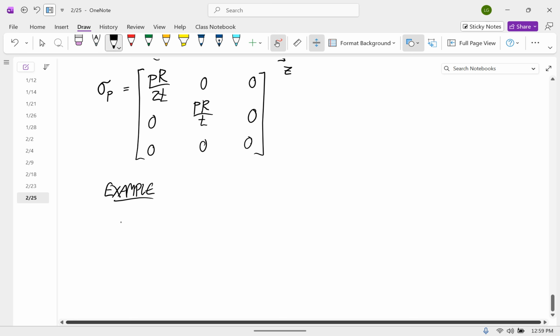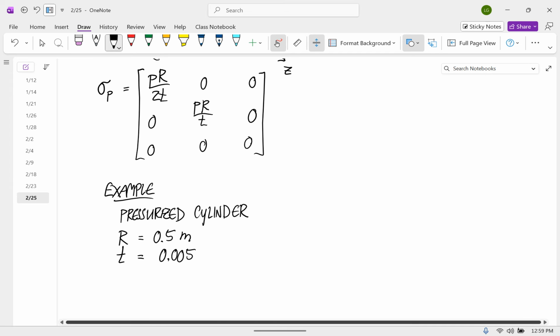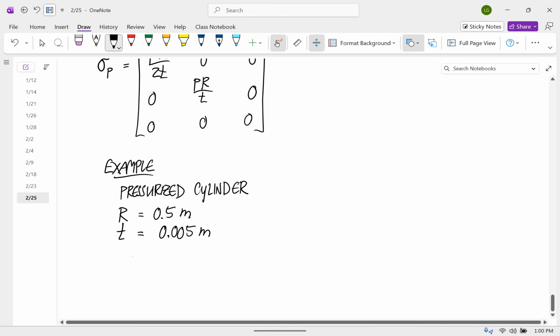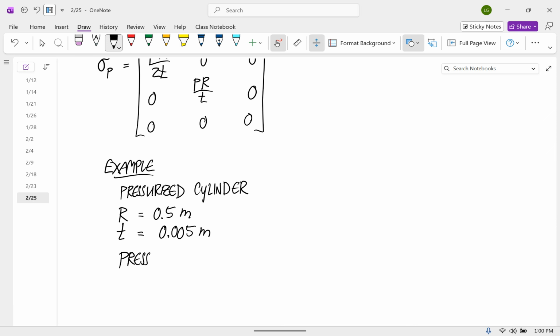So let's say we have a pressurized cylinder with a radius of 0.5 meters and a thickness of 0.005, so 5 millimeters, and a pressure difference of 1 times 10 to the 6. So that's the inside minus the outside pressure.